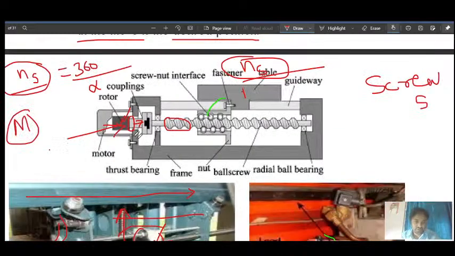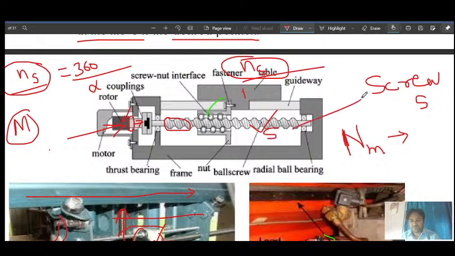If the rotation for the motor is Nm, then due to gear reduction the lead screw will have speed Ns, with Rg as the gear reduction ratio.